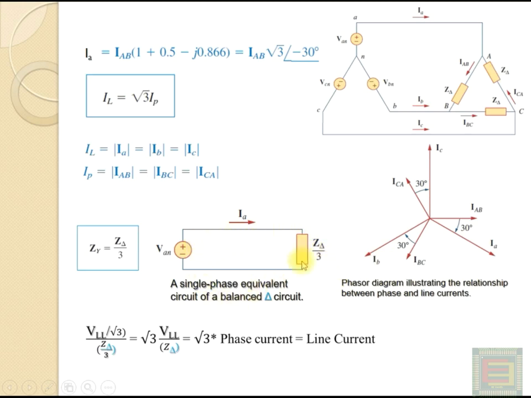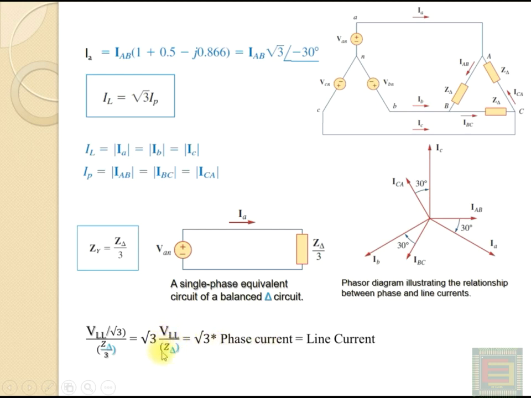And now if you calculate the line current, from this diagram you can see that the current flowing in this circuit will be VAN divided by Z delta by 3. So VAN is V line to line divided by root 3, and this is Z delta by 3. It can be written as root 3 into VLL by Z delta, and you can see that this is root 3 into the phase current.